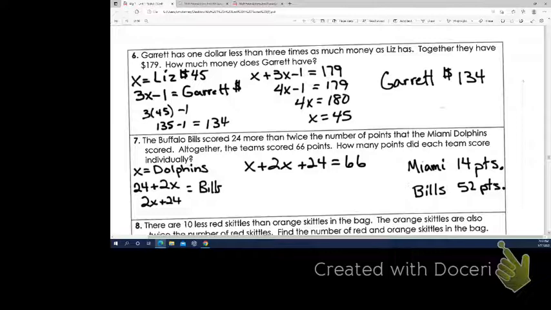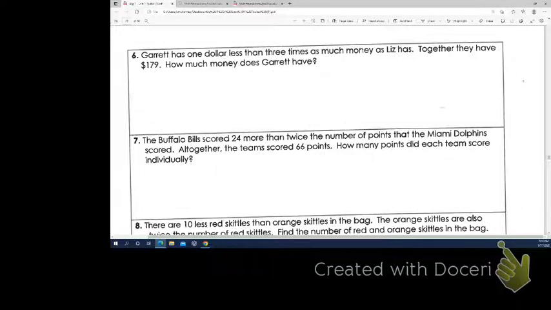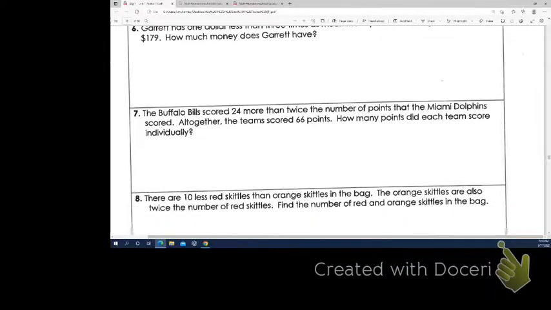Okay. And then starting with problem 5 on the homework, we are into perimeter problems, and finding the length and the width when we know the perimeter.